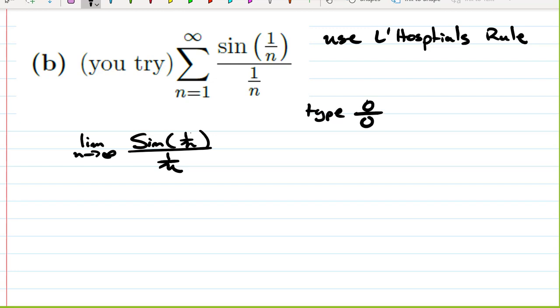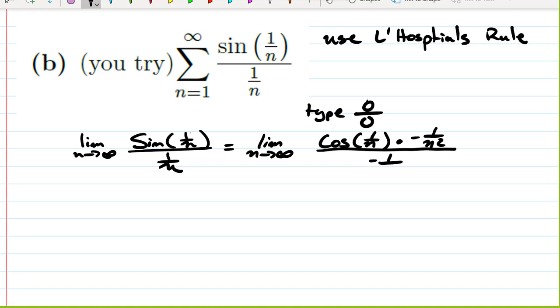So we take the derivative, and this is going to be equal to the limit as n goes to infinity. The derivative of sine is cosine of 1 over n. And then by the chain rule, we multiply by the derivative of the inside, which is negative 1 over n squared. And the derivative of 1 over n is negative 1 over n squared. So now these two reduce out.